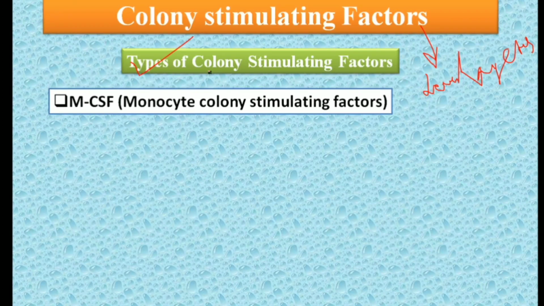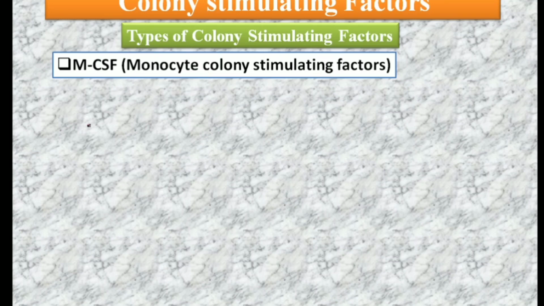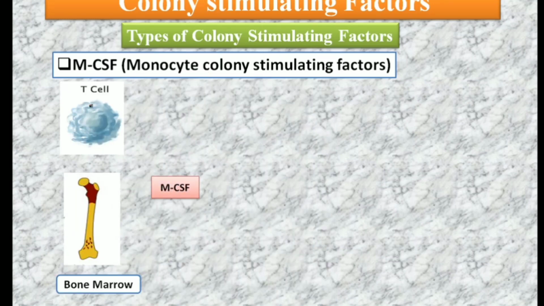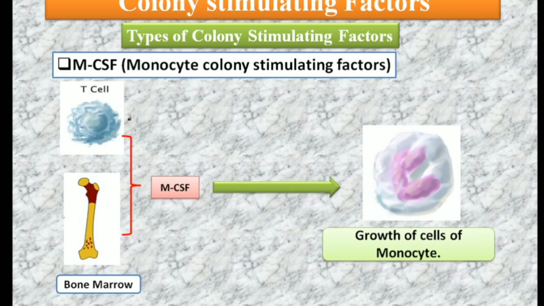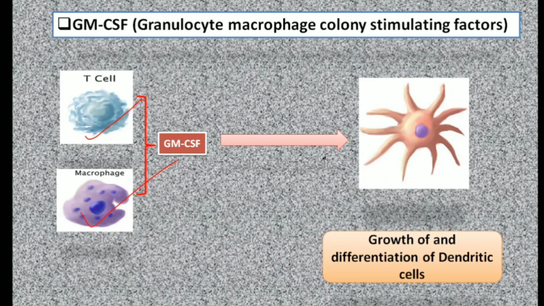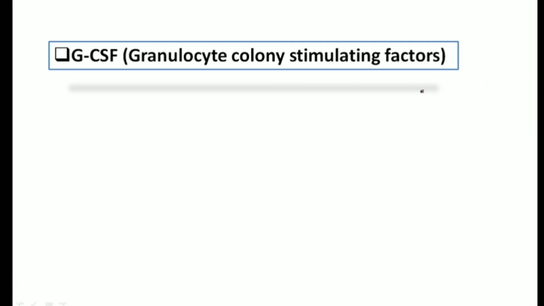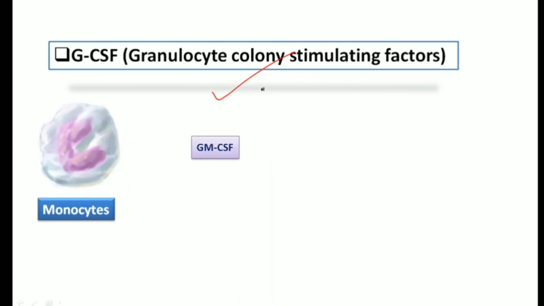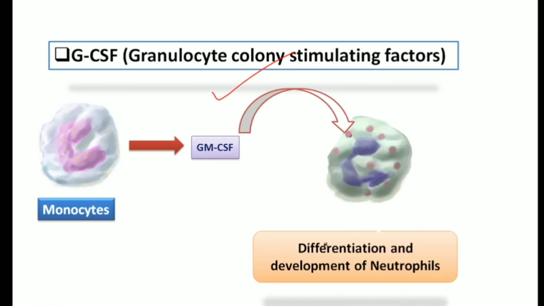The first one is monocyte colony stimulating factor. This is produced by the T cells and bone marrow, and it affects the monocytes. The second one is the granulocyte macrophage colony stimulating factor. These are produced by the T cells and also the macrophages, and they help in the growth and differentiation of the dendritic cells. The last one is the granulocyte colony stimulating factor. They are produced by the monocytes and they help in the differentiation and development of neutrophils.